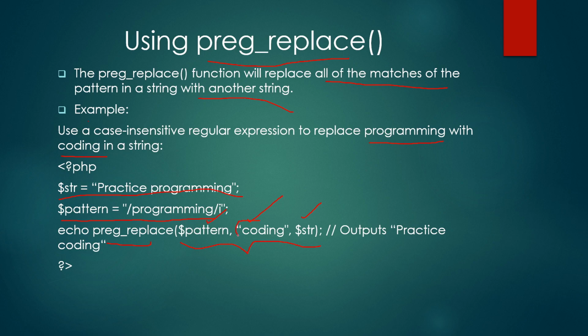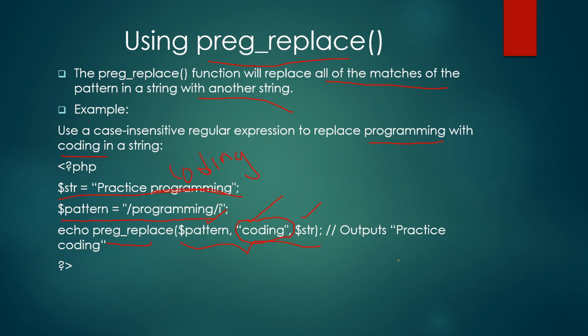So here I have added one more parameter, which is a new string, meaning the string with which I want to replace that word. I want to replace this word with coding. So I will write here this new string. It should output practice coding. So this word will be replaced by coding. Instead of programming, it should give us coding.